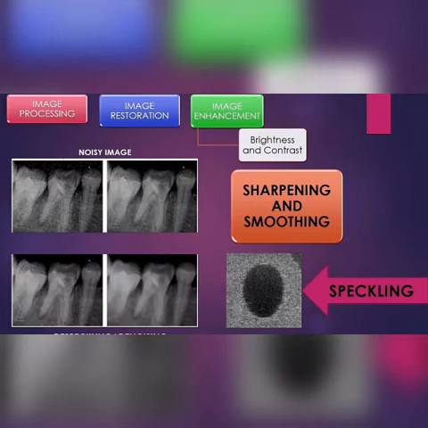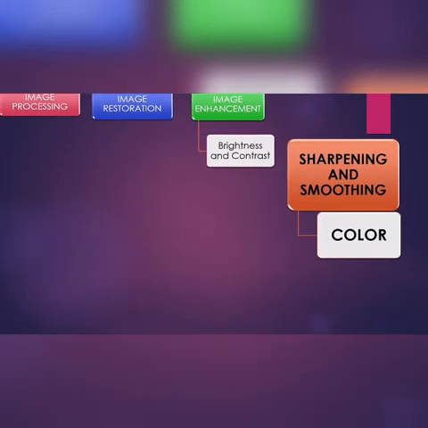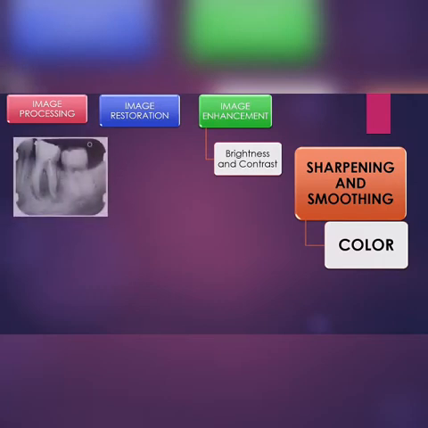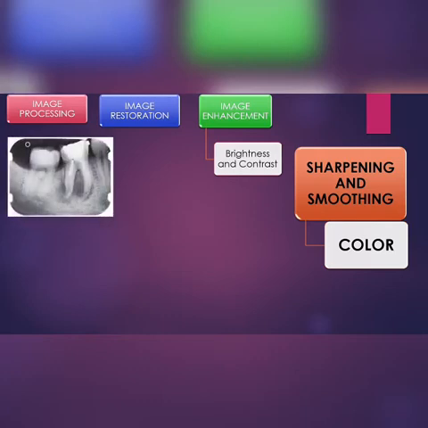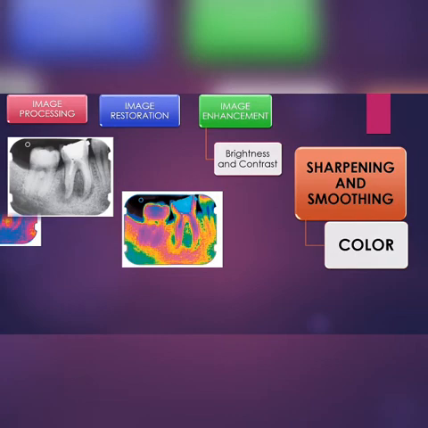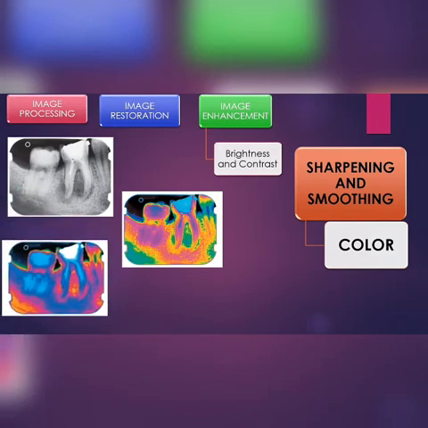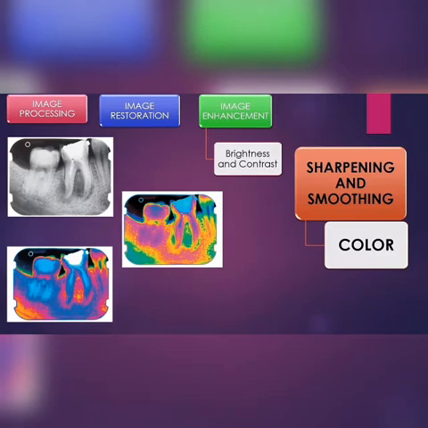Okay. The next one is the color. The digital imaging systems usually are in black and white, that is the grayscale viewing, right? This can also be viewed as color systems, and these softwares will impart colors to the gray images, and this is also called pseudo coloring. Okay, this can enhance the diagnostic quality if the colors are specific to the specific region.